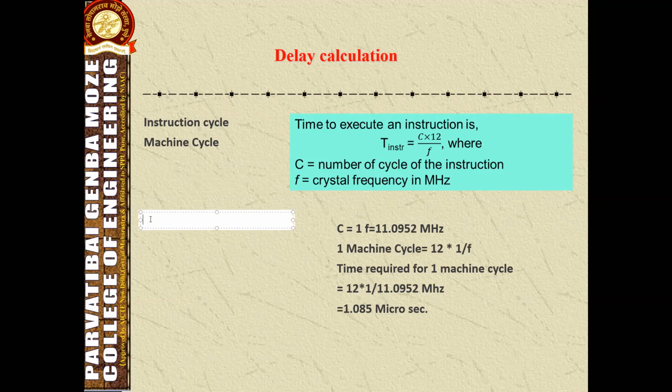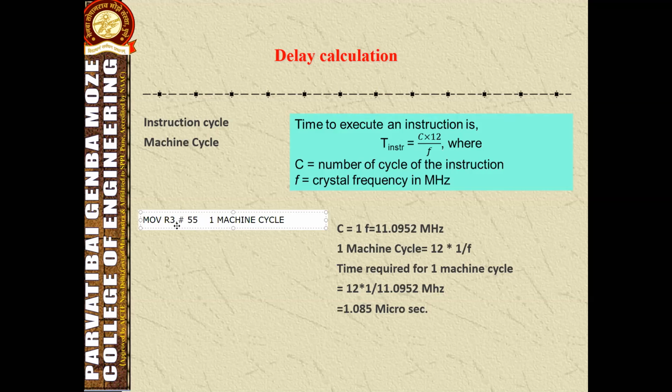For example, MOV R3, #55 is an instruction that takes one machine cycle to execute.